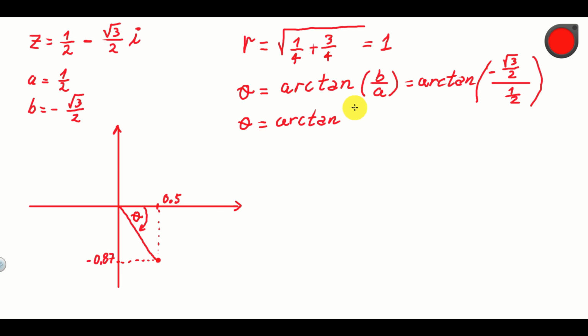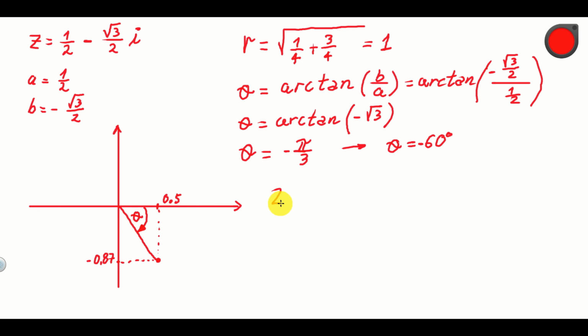Let's see, what do we have over here? We have minus square root of 3. And consequently, theta is equal to minus pi over 3. And this is precisely the angle of 60 degrees with the minus sign. And this looks okay, and it fits the geometry represented over here.